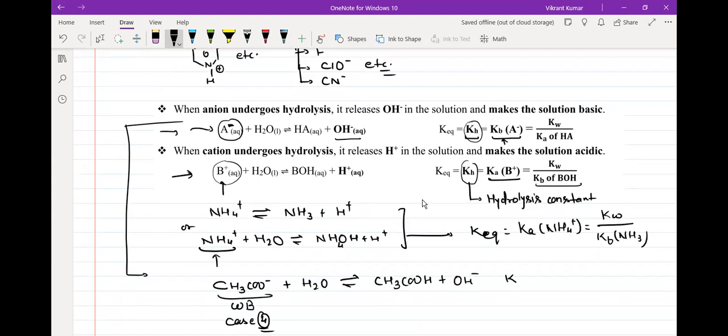And its K equilibrium, which in this section we are calling KH, is nothing but Kb of CH3COO minus, which is nothing but Kw upon Ka of CH3COOH. That's the whole story. From this point of view, nothing is extra; everything we have covered.